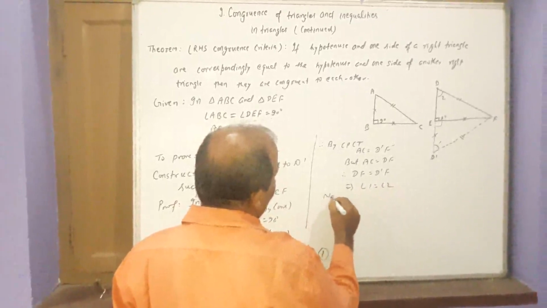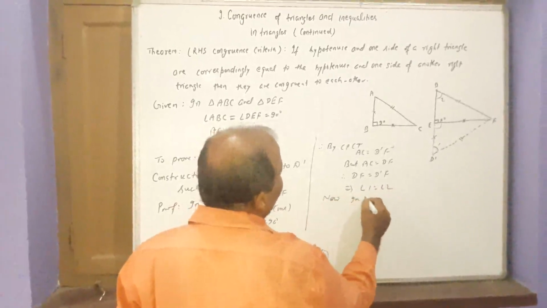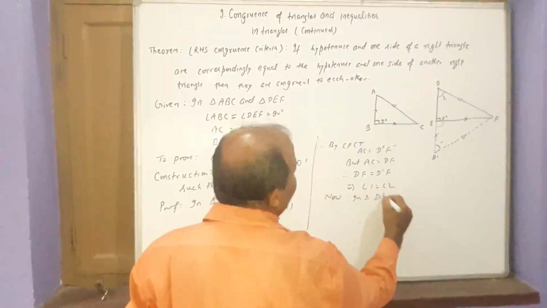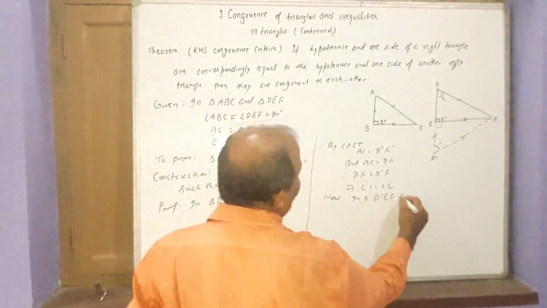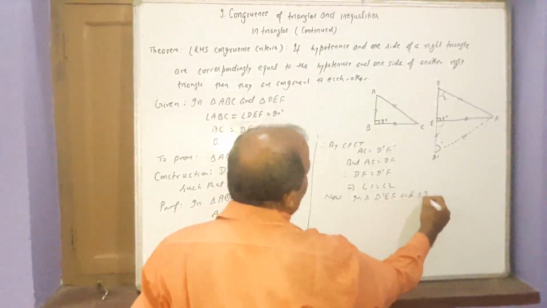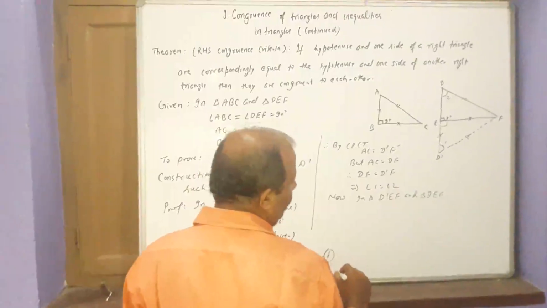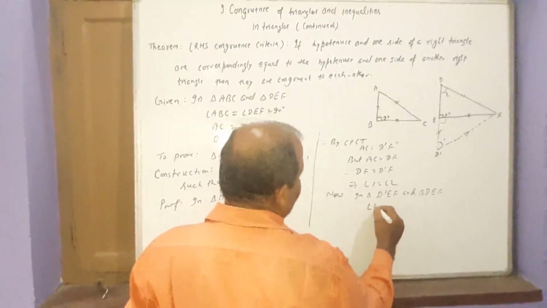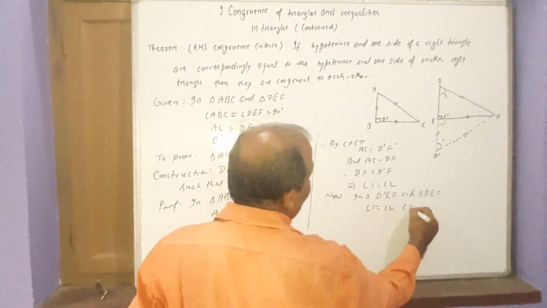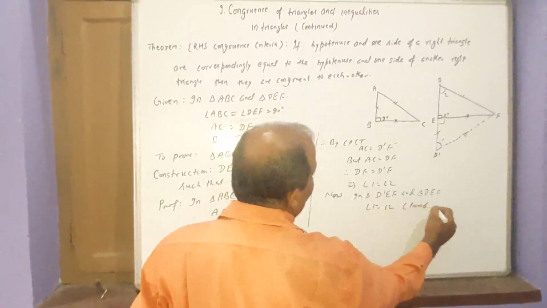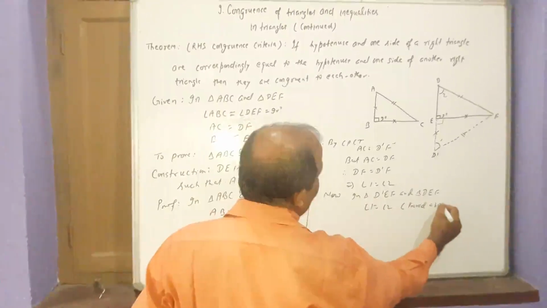Now, in triangle D dash EF and triangle DEF, angle 1 is equal to angle 2, proved above. We have already proved it.